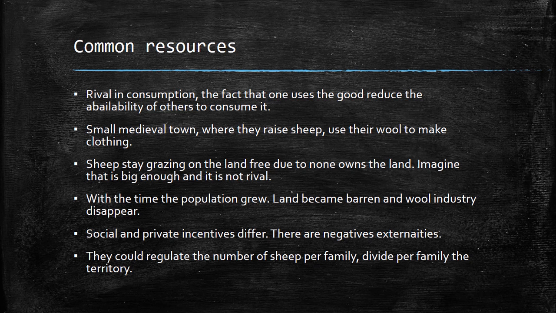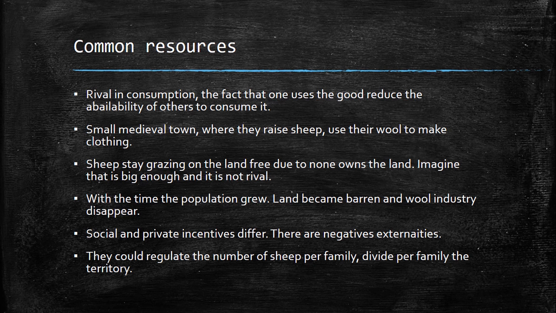So in this case, we see how it produces negative externalities. When there is an externality, negative or even positive, you need to incorporate it into the market, guaranteeing the real benefit for that externality.